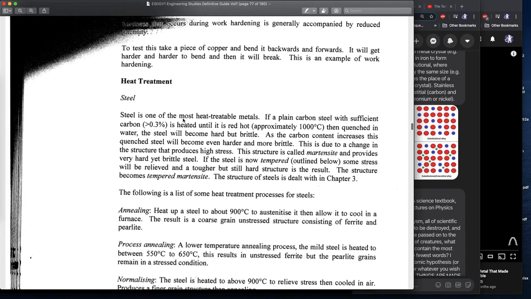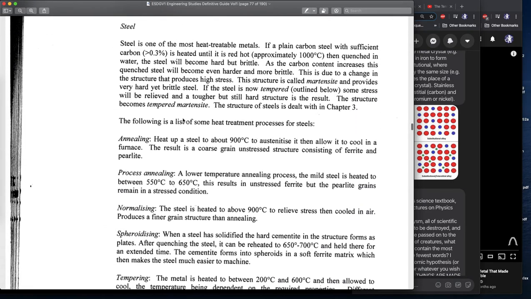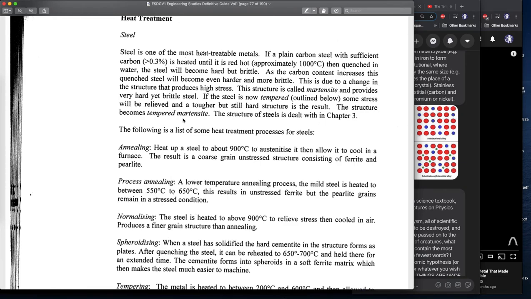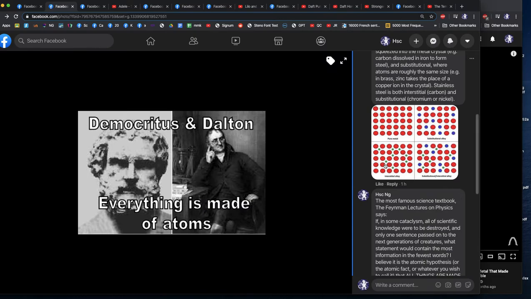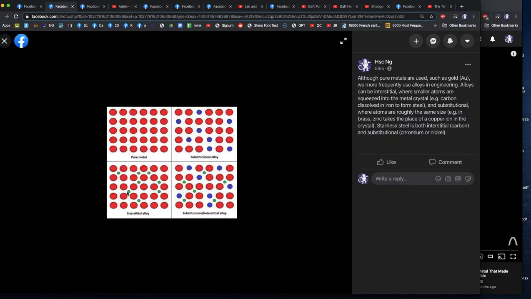Another way we can make things stronger is through heat treatment. Well, how do we make things stronger with heat treatment? We can use heat to make smaller crystals, or the second option is that we can add in more interruptions into the metals. So when we talked over here about interstitial alloys, you see how we have the carbon, right?